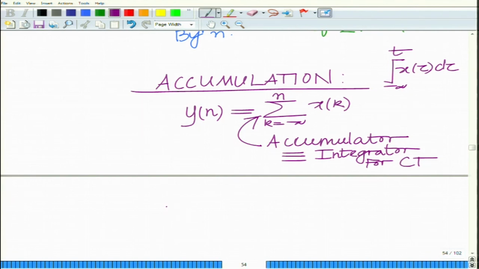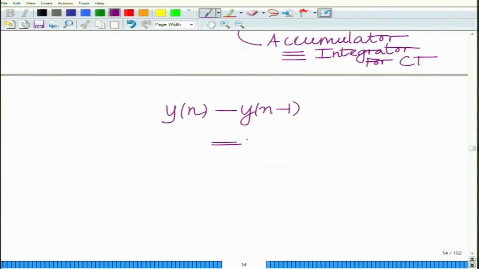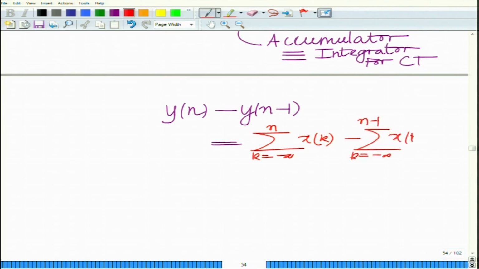Now, you can see that if you consider y[n] minus y[n minus 1], well, you can simplify it as summation k equals minus infinity to n of x[k] minus summation k equals minus infinity to n minus 1 of x[k], which is basically, again you can see, the only term that survives is x[n].